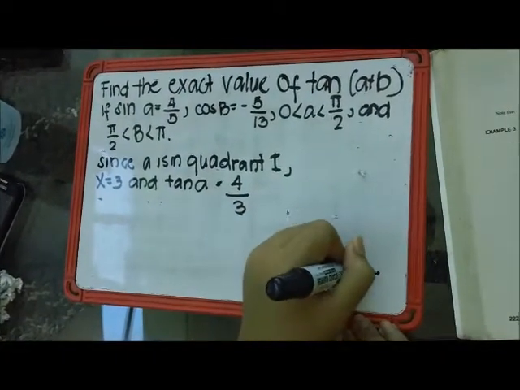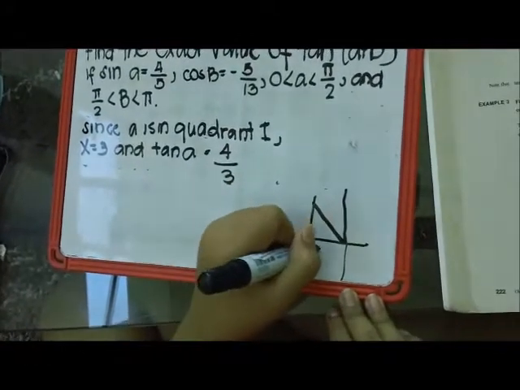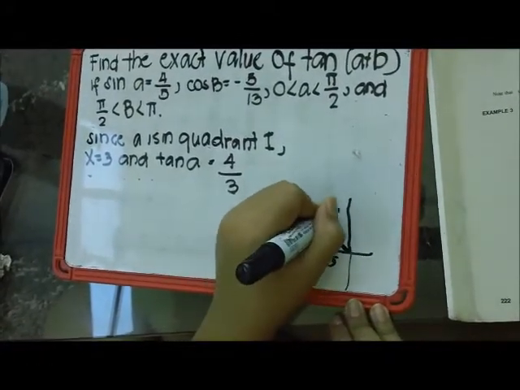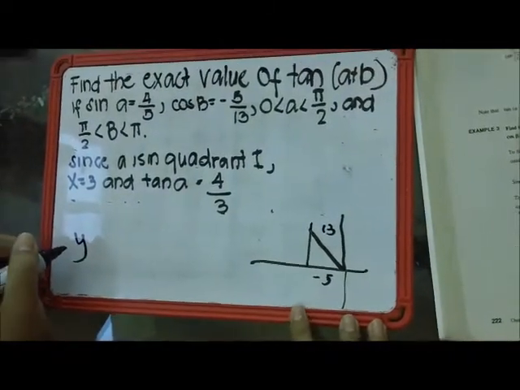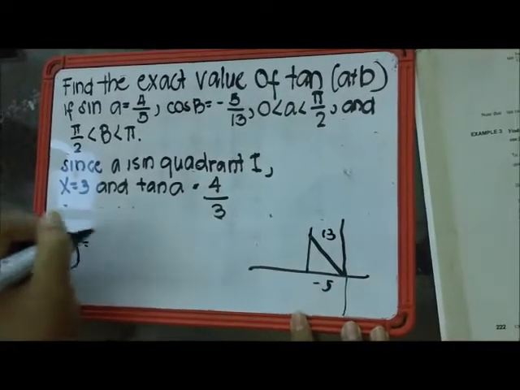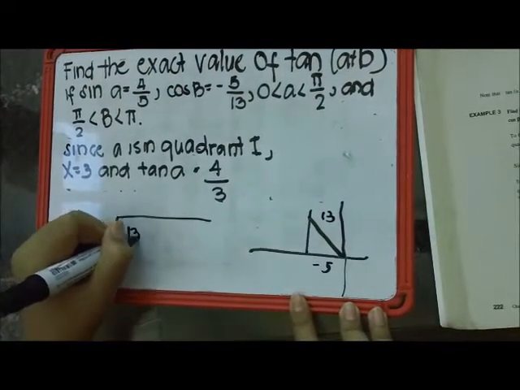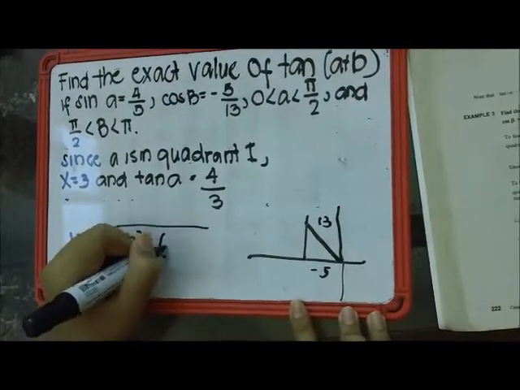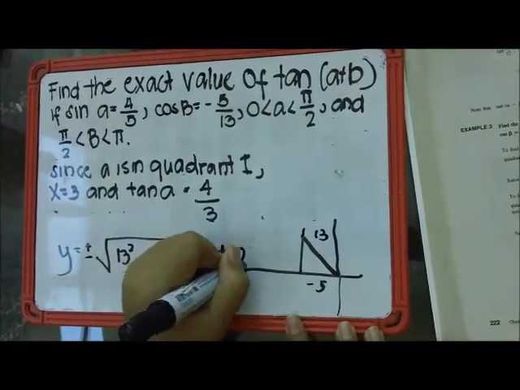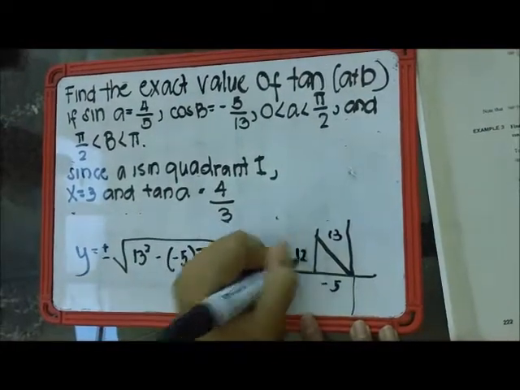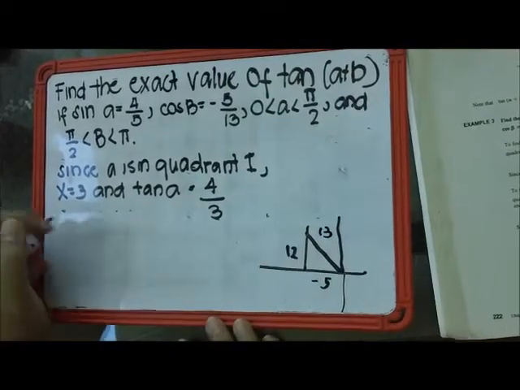Then we find the value of y using the Pythagorean theorem. Y is equal to the positive negative square root of 13 squared minus quantity negative 5 squared. The result will be positive 12. Since B is in quadrant 2, y equals 12, and tangent B is equal to negative 12 over 5.